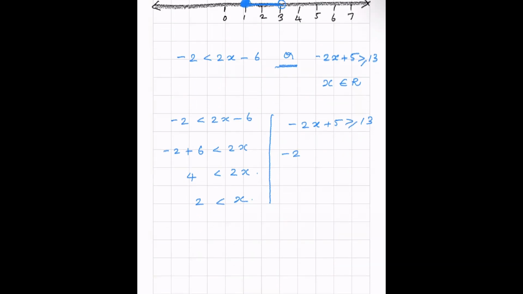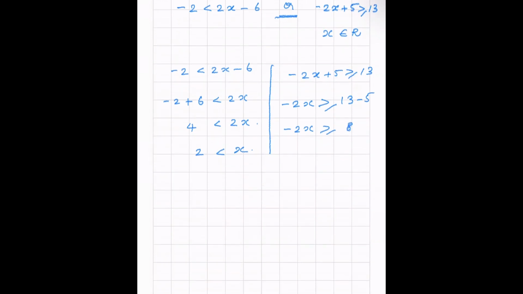Now here, -2x greater than or equal to 13 minus 5, which would be -2x greater than or equal to, what is this? 13 minus 5 is 8. Look at this, x has a negative sign. So I have to divide this by -2.